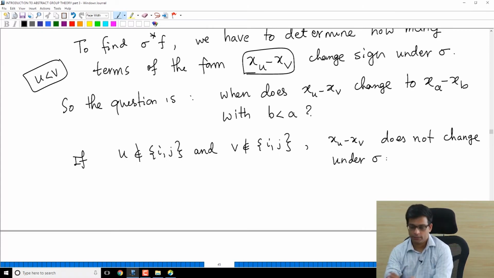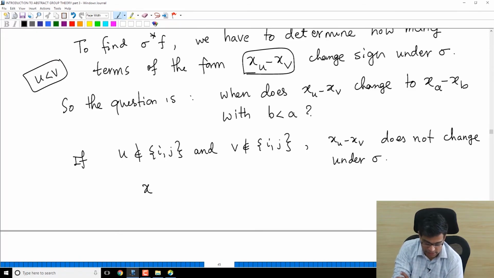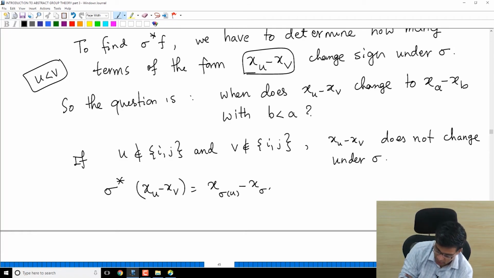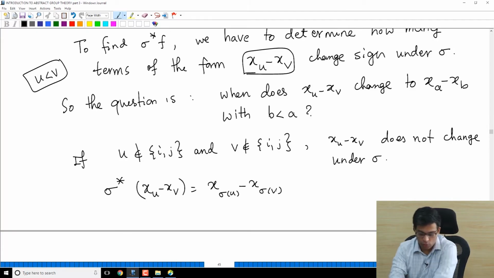That is clear enough, right? Because remember sigma star of x_u minus x_v is x_sigma(u) minus x_sigma(v).